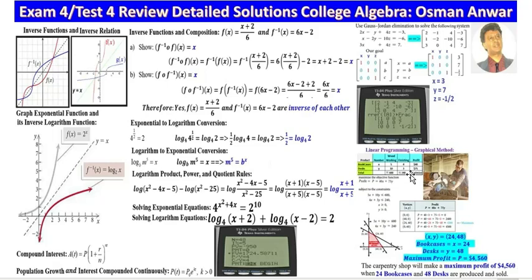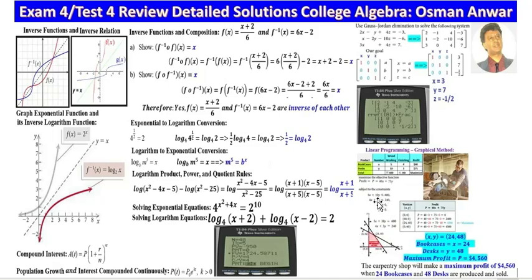That is 4x plus 3y is less than or equal to 240. Then he has to produce 0 or more bookcases, and 0 or more desks. We'll use these constraints to graph the feasibility region.